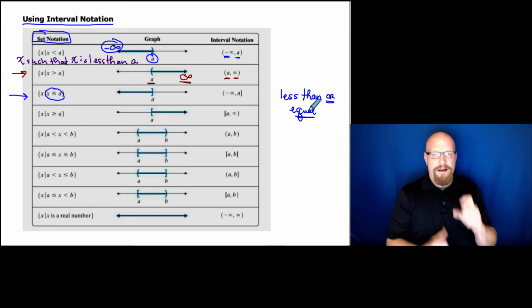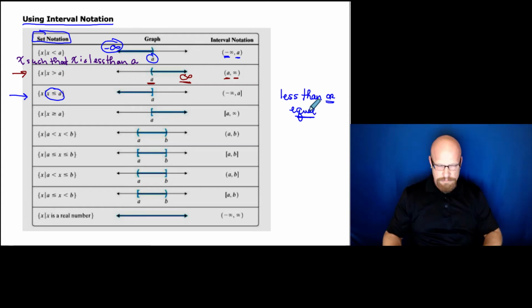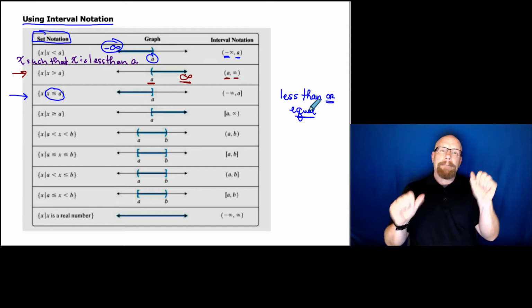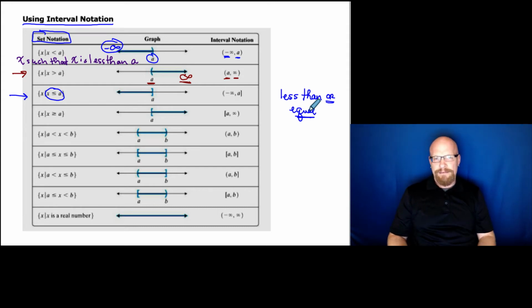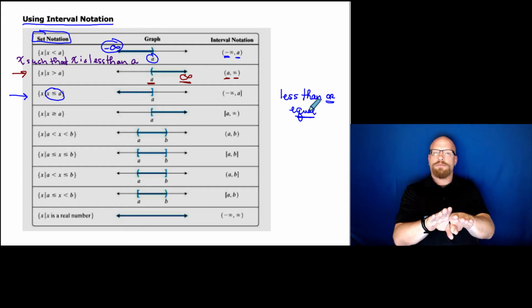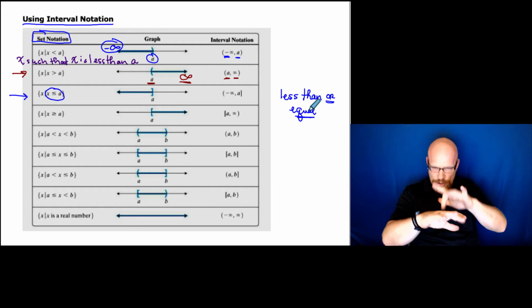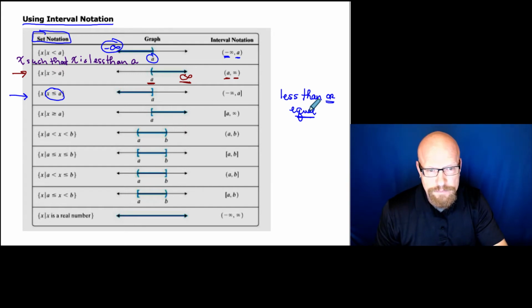This says x where x is less than or equal to a. So a can be included. So the square bracket means we include a. It's a closed interval.